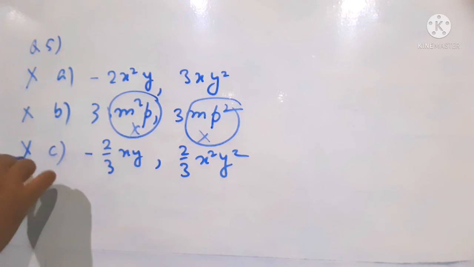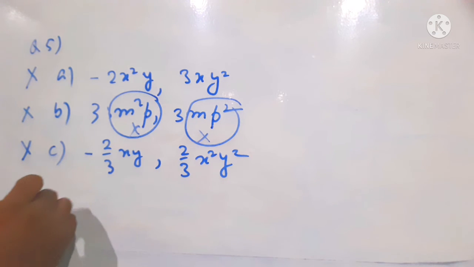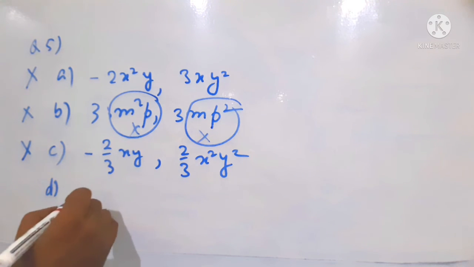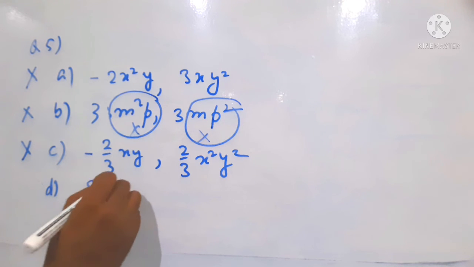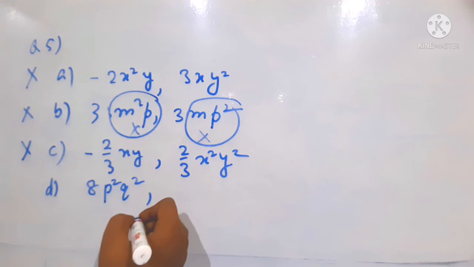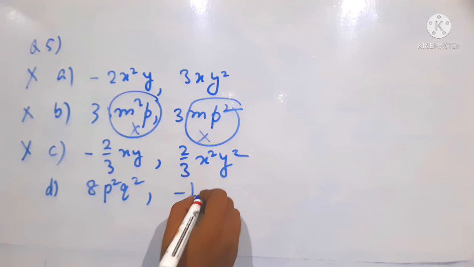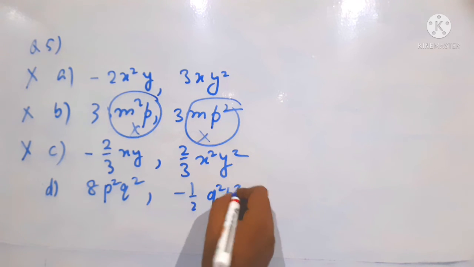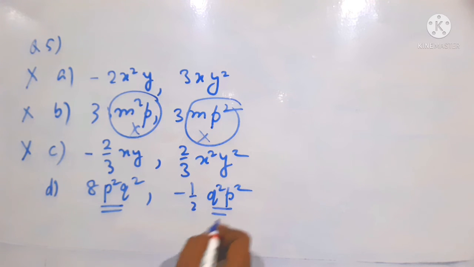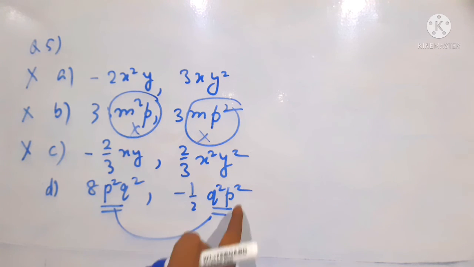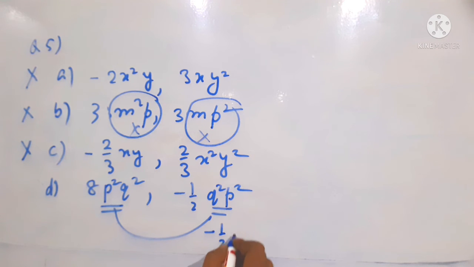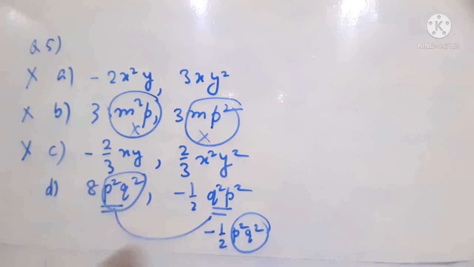So this is also not correct, and obviously option D is correct, but we have to check it also. 8p square q square, comma, minus q square p square, and you know this and this are the same. This can be written as minus half p square q square. So the terms of this part are the same. So these are like terms in an algebraic expression. Is it okay?